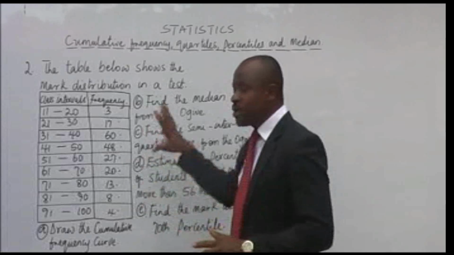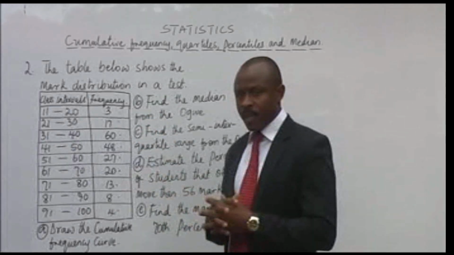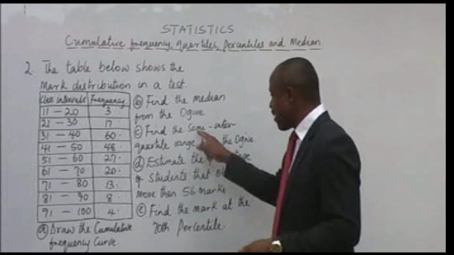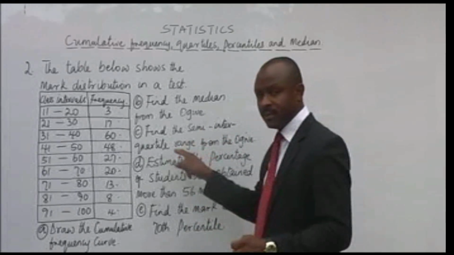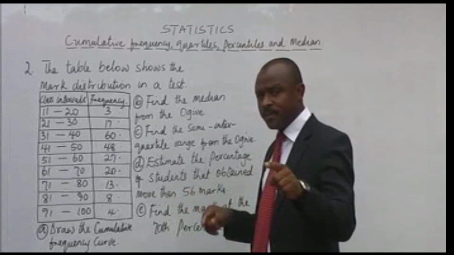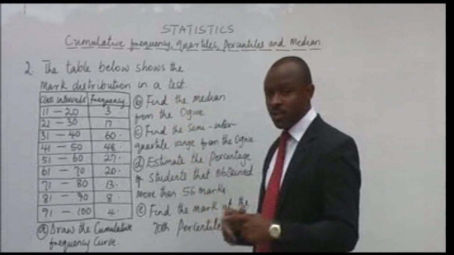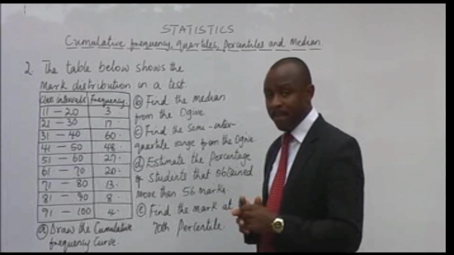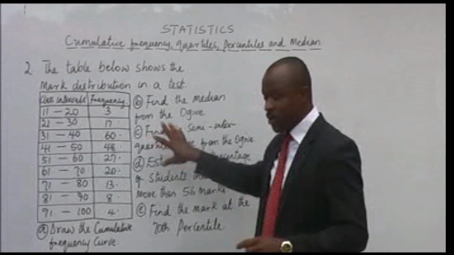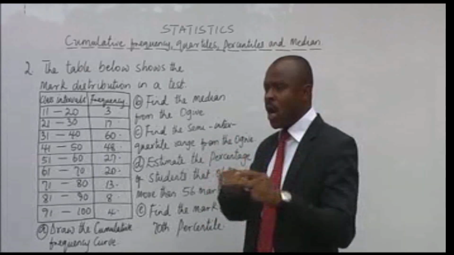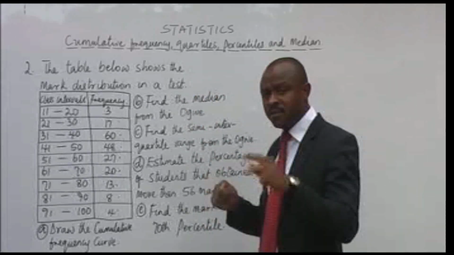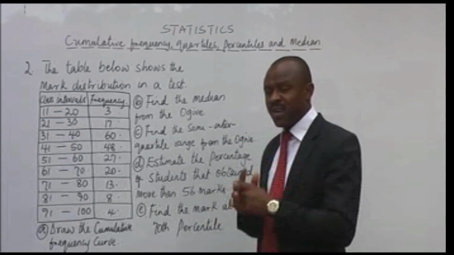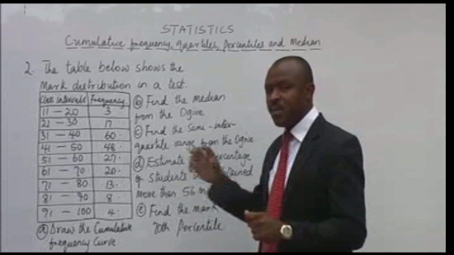I would like to use this question to teach you how to calculate, most especially, our semi-interquartile range from the ogive. In the first question, which was question number 1, we used the formula. Now, in this question, we're going to draw our ogive, the cumulative frequency curve, and from the ogive, I will teach you how to calculate the semi-quartiles.